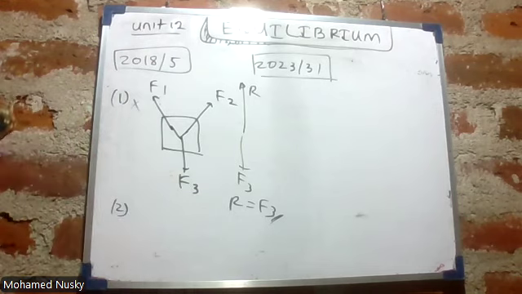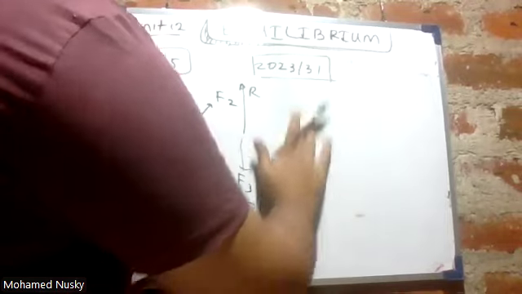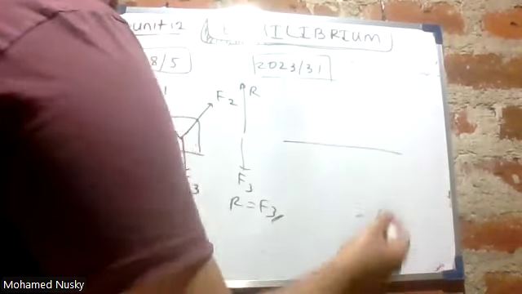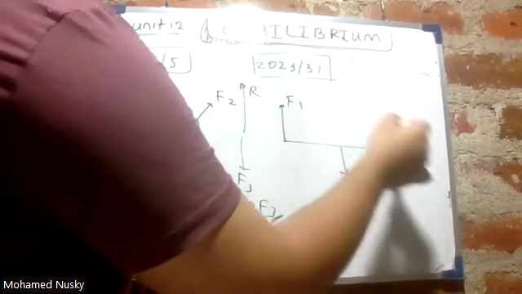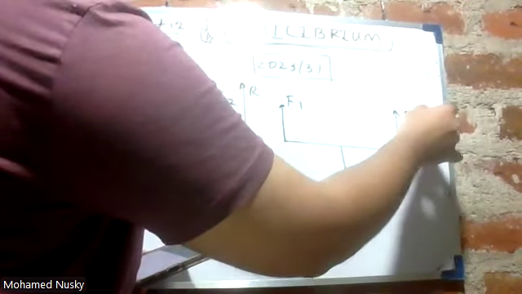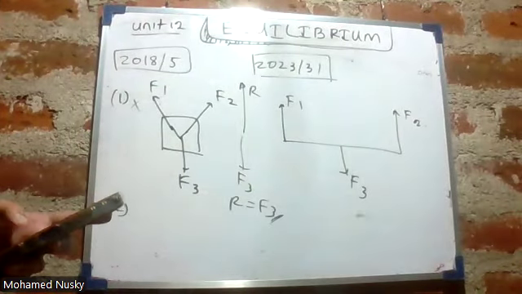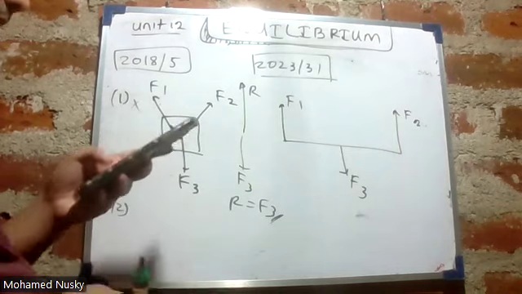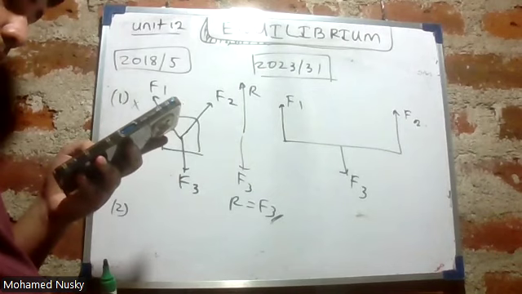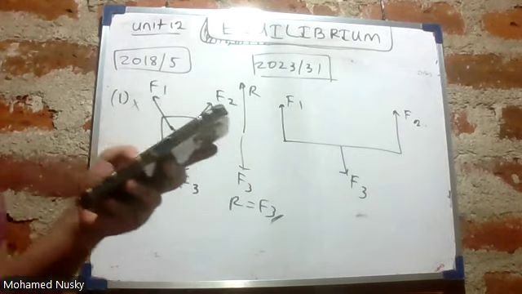You see, this is one category. If they are on the same plane, F3, F1, F2. But they have said that the three forces should be coplanar. Three forces should be coplanar. That should also be correct, right?